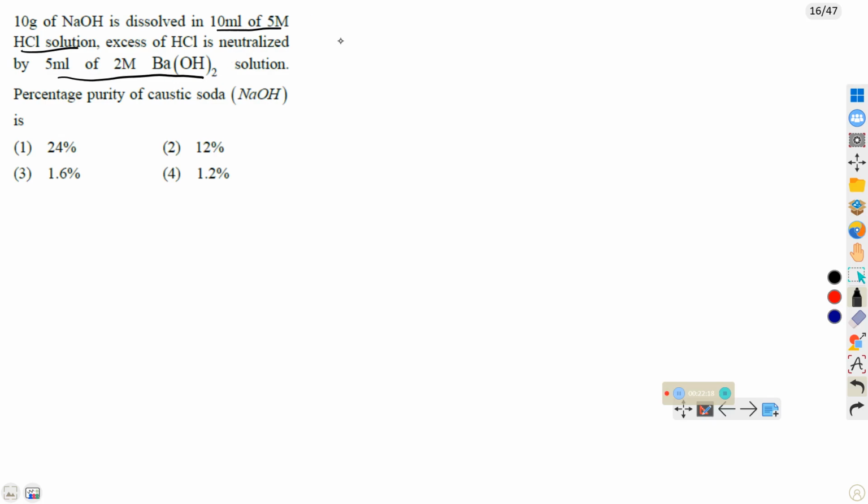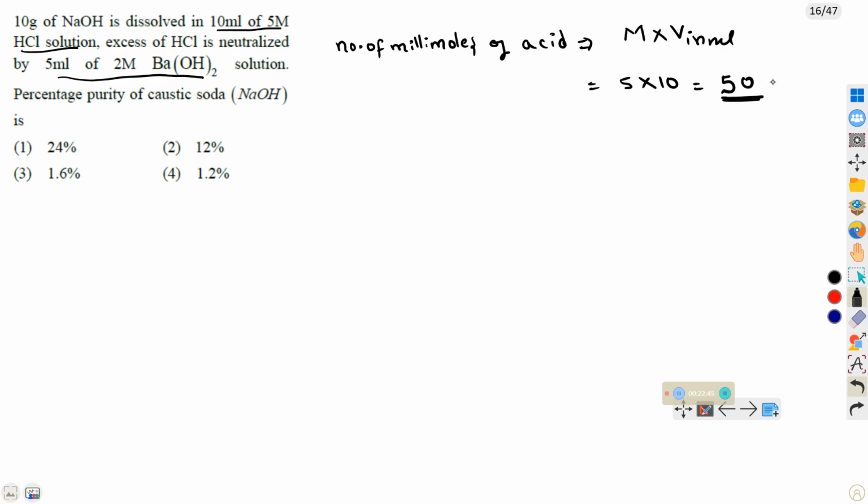First of all, according to the given data, calculate the number of millimoles of acid. Number of millimoles of acid is equal to molarity into volume in ml. Simplify. 5 into 10, that is equal to 50 millimoles.